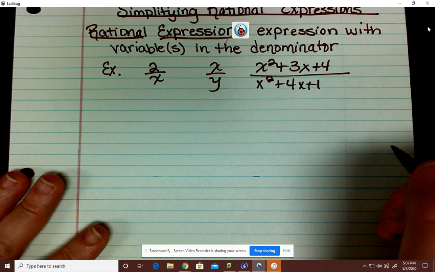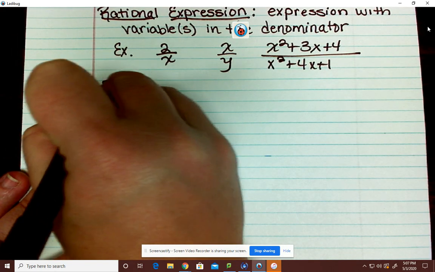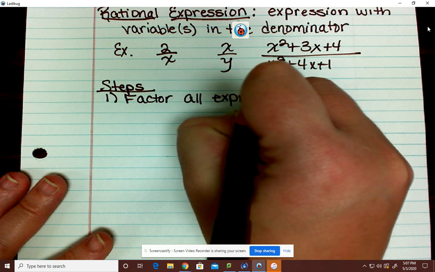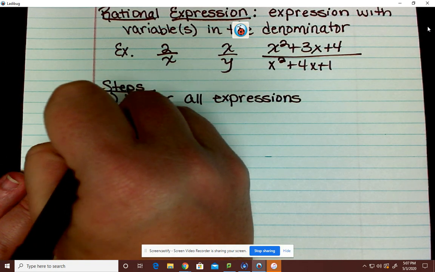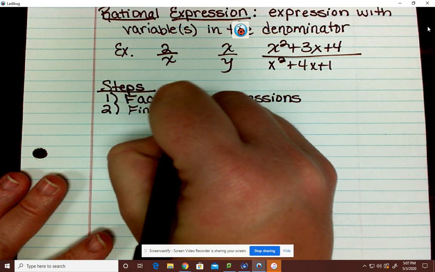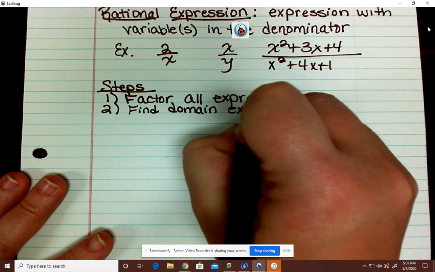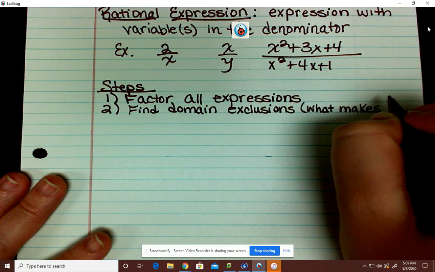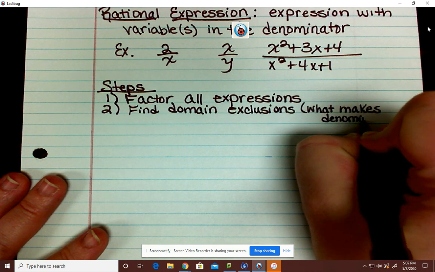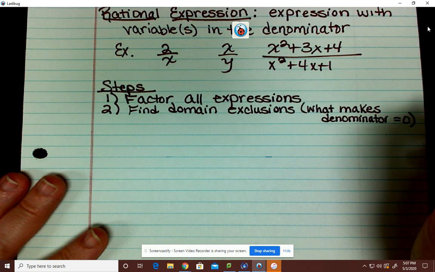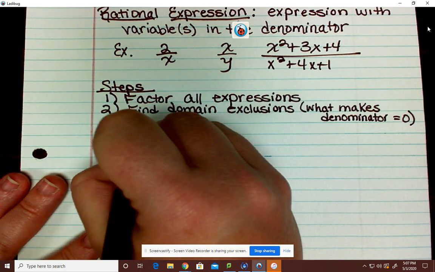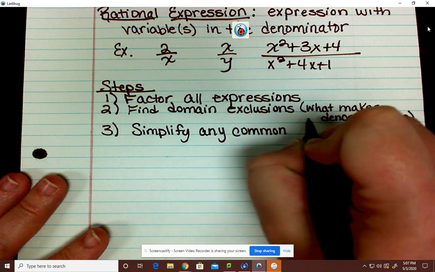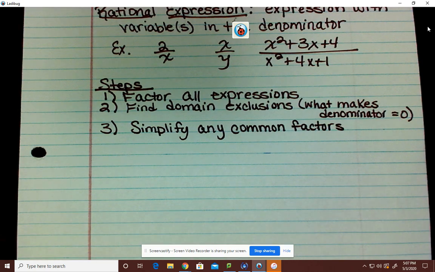So first we're going to write out our steps. Step 1 is to factor all the expressions.